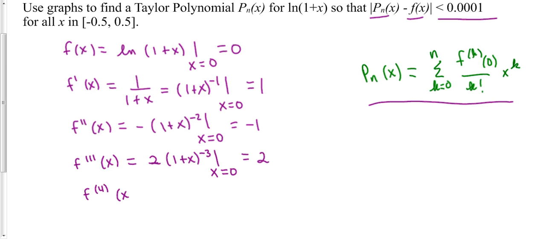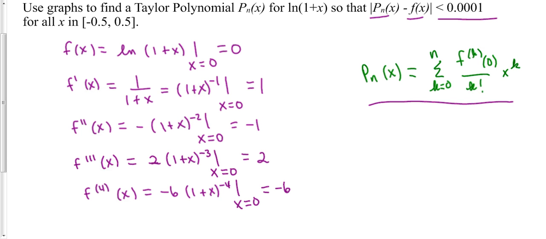Our fourth derivative is going to give us negative 6 times 1 plus x to the negative 4, and we're going to evaluate that at x equals 0, and we're going to get negative 6.